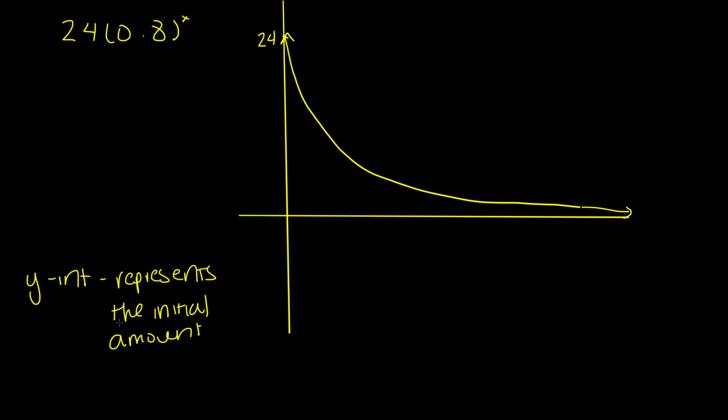When will the value of the car be 5,000? I'm going to say 5,000 equals 24 times 0.8 to the x. This is what we're looking for. I could go to the graph, to when y is equal to 5, and go down here. I would find graphically that this is 7.